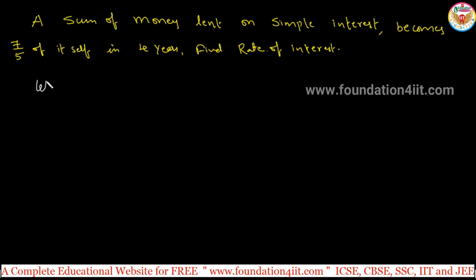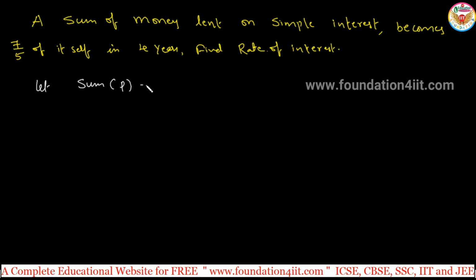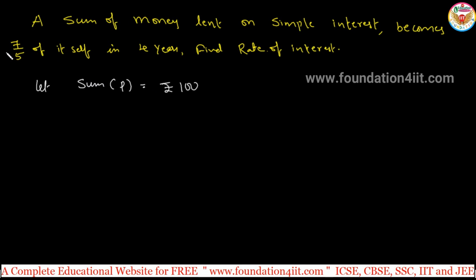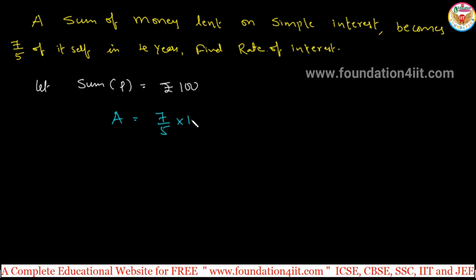In this case, using the alternative method, let the sum that is P be rupees 100. You can take 100. Then the amount becomes 7 by 5 of itself. Right? Then the amount is equal to 7 by 5 times of itself, that is of 100.